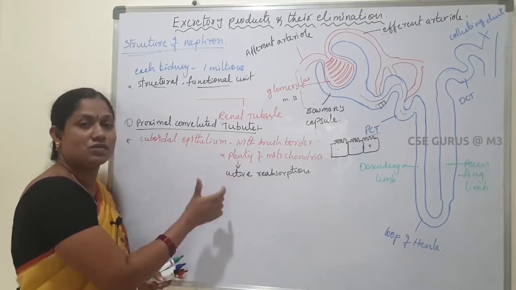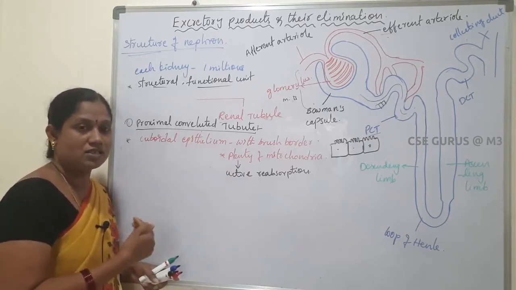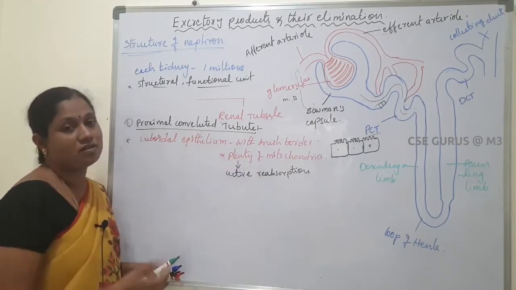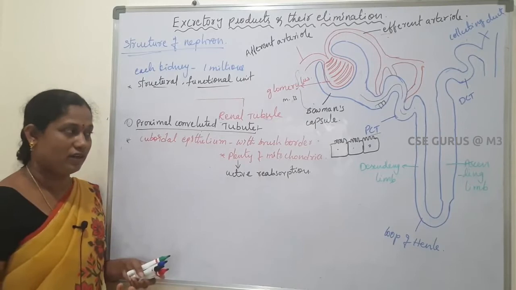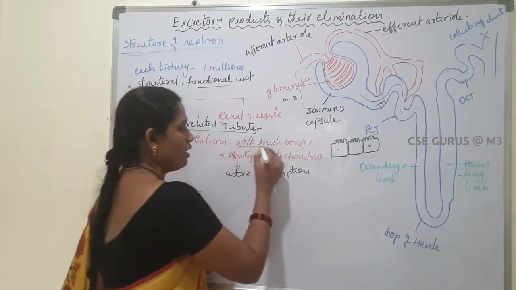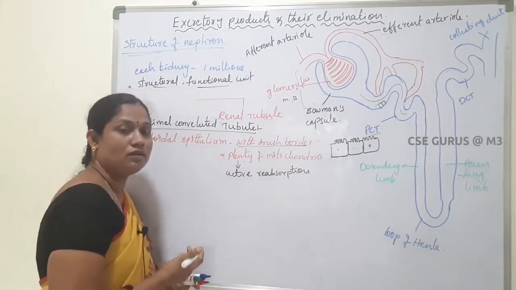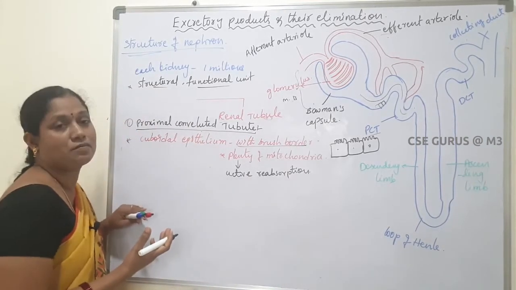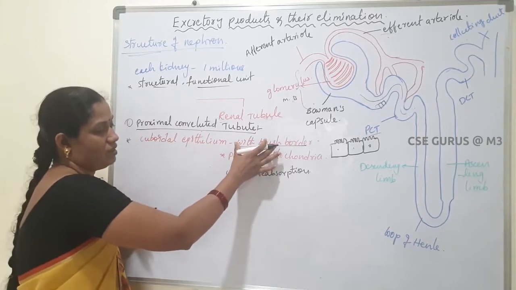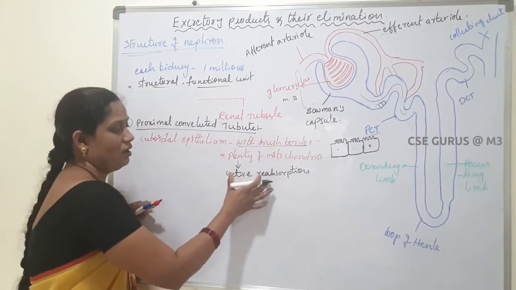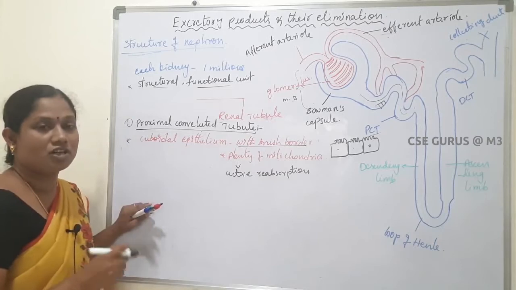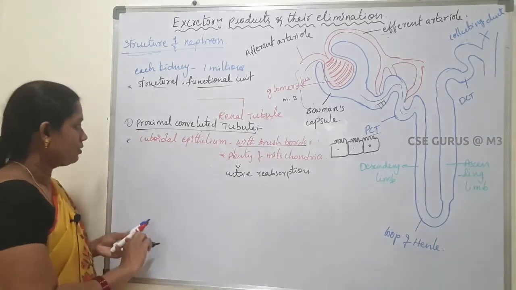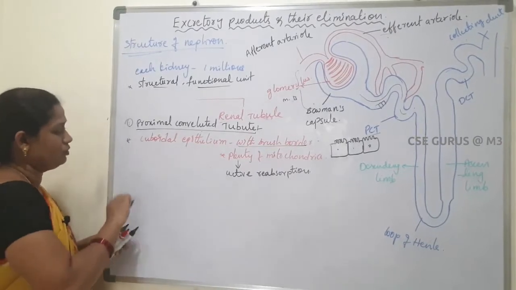Active means it needs energy, so the mitochondria provide a lot of energy. The brush border increases the absorption surface area. That's why it has a brush border and plenty of mitochondria. So this is about the proximal convoluted tubule.